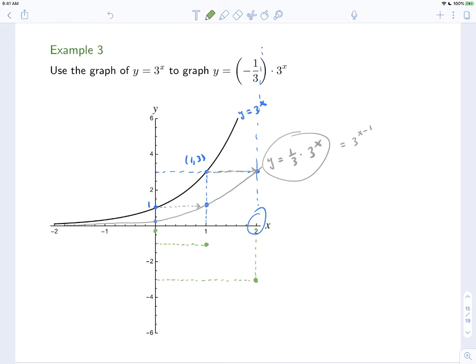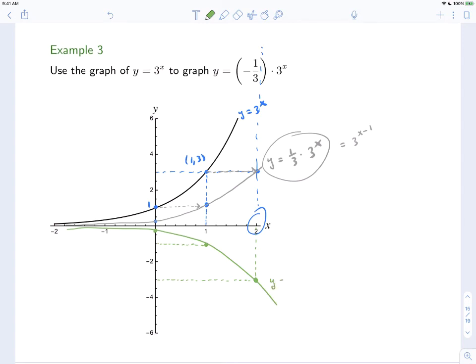So this gives us some points. Usually having about 3 points is what you need in order to graph these things. Now we have the same horizontal asymptote, it's just we're reflecting through the x-axis, so the horizontal asymptote's not going to change. So it's going to look like this, like so.